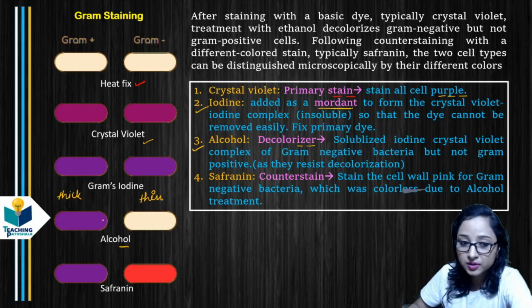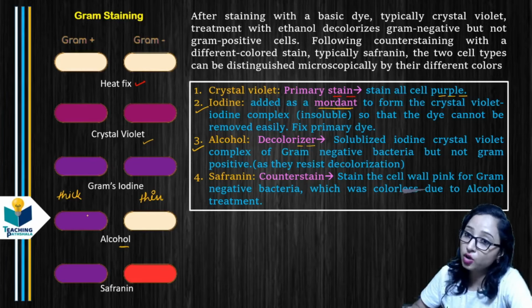So what actually happens is that when the Gram's iodine and crystal violet make a complex, that complex is fixed in a very strong manner, and it can easily resist the decoloration step. So the gram positive bacteria just resist the decoloration, and that is why they retain the overall color.